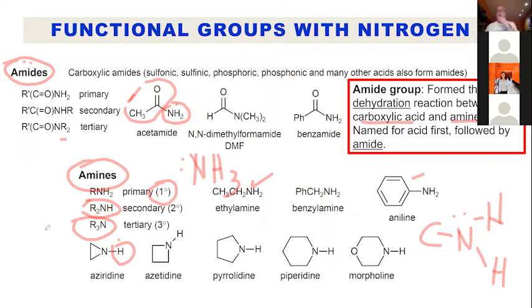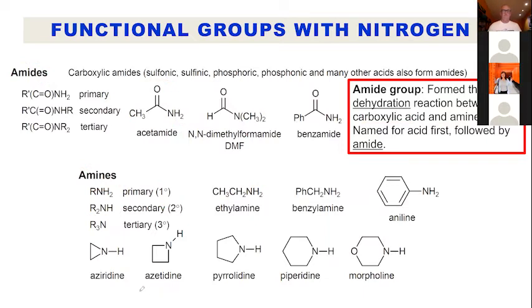Now, why amide groups are so important is that these are the groups that keep your proteins together. Because what 2 functional groups do you think an amino acid has? We know there are 20 different amino acids, and they form all the proteins in your body. What do you think the functional groups are on an amino acid? Amines.